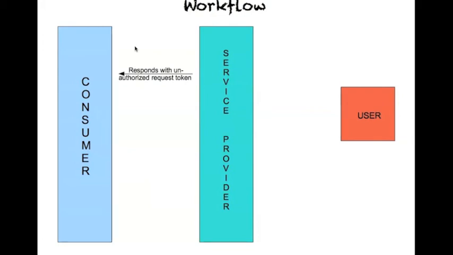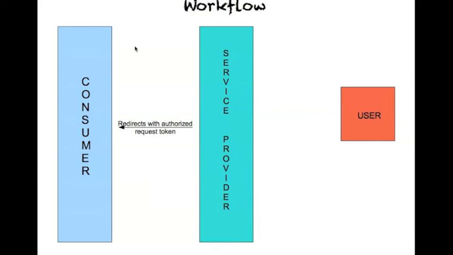The consumer will then ask for authentication for the authorization of this request token, and the service provider will redirect the web browser or the user to the content access page. The content access page is the place wherein the user can log in and grant permission to the request. With this, the service provider will then give the consumer an authorized request token.